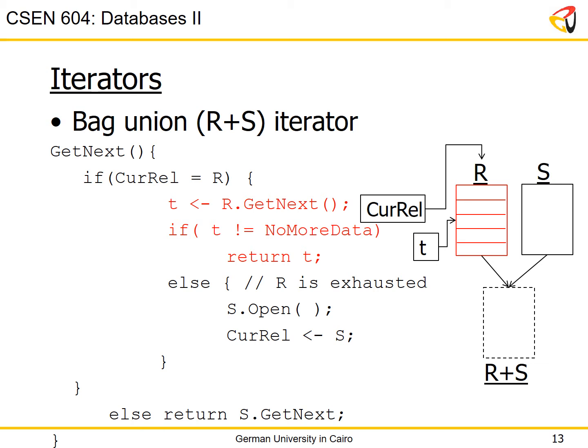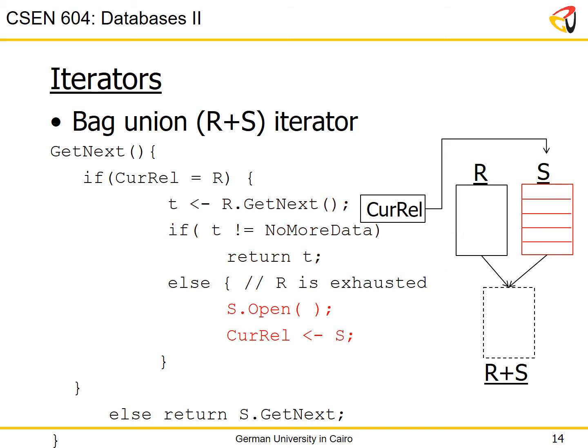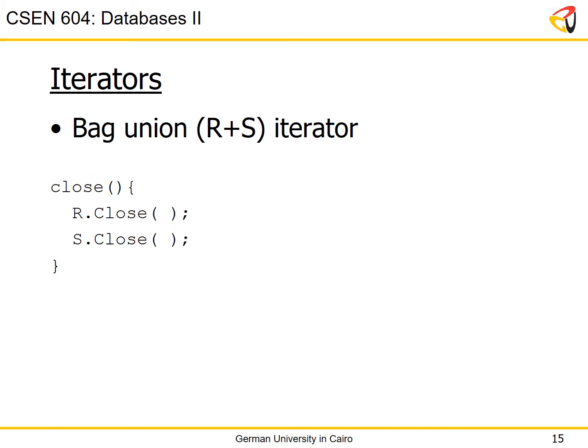So here, a bag union iterator internally is using a table scan or seqscan iterator for R to get the rows in R row by row. Once I am done with the iterator. Okay. Now, this is the nice thing about iterators, that they are usable from within each other. Okay.